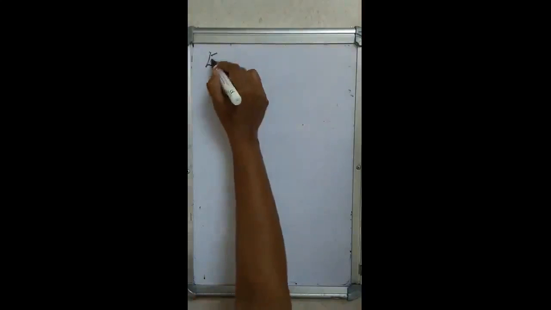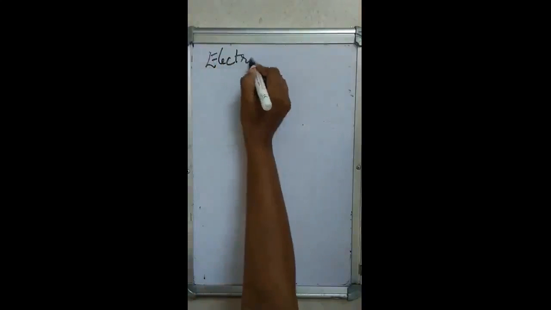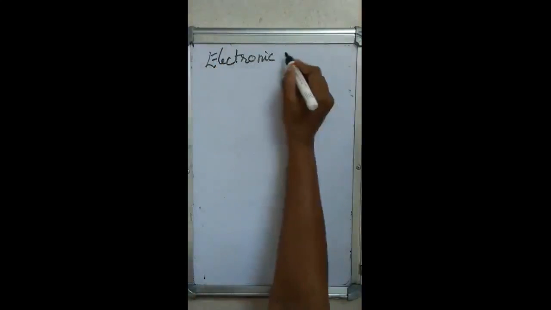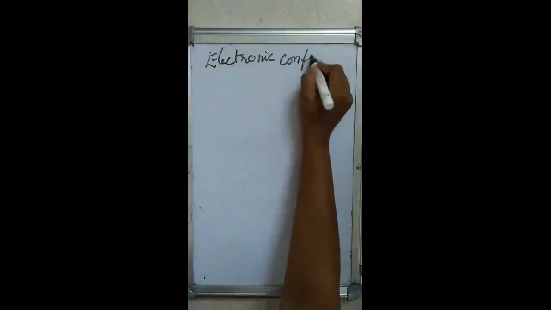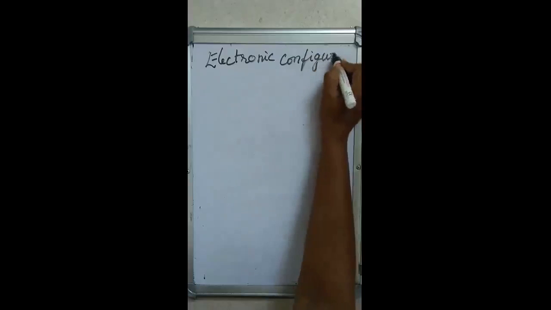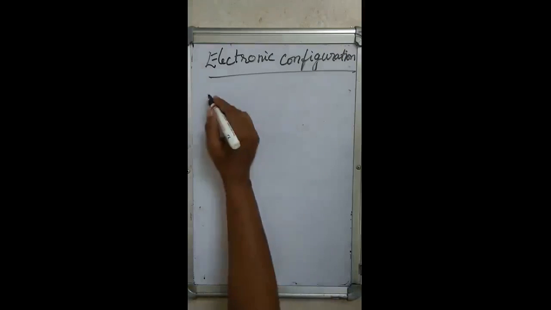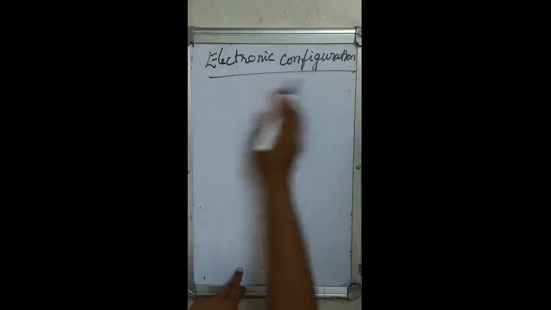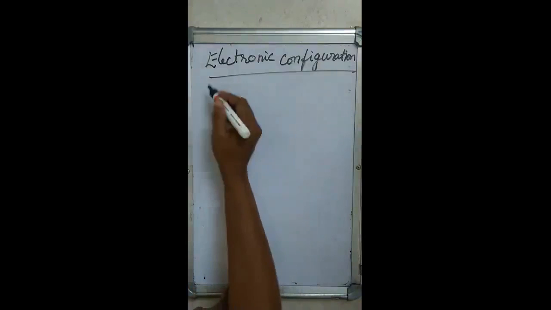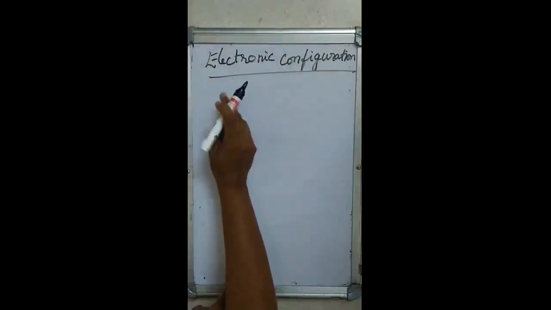Now, electronic configuration, up to neon. I will explain how to fill the electrons in atomic orbitals.